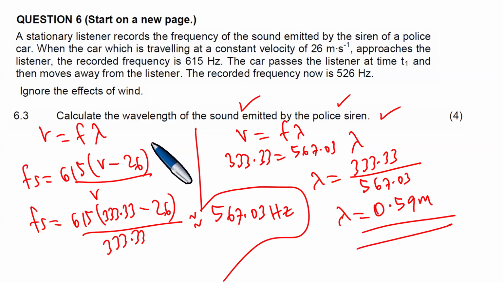So the wavelength of the sound emitted by the police siren is 0.59 meters.